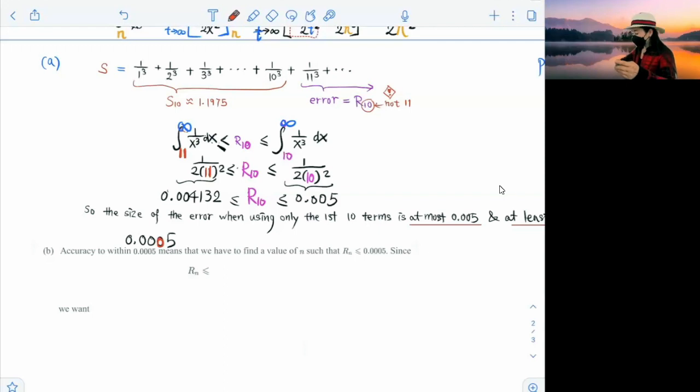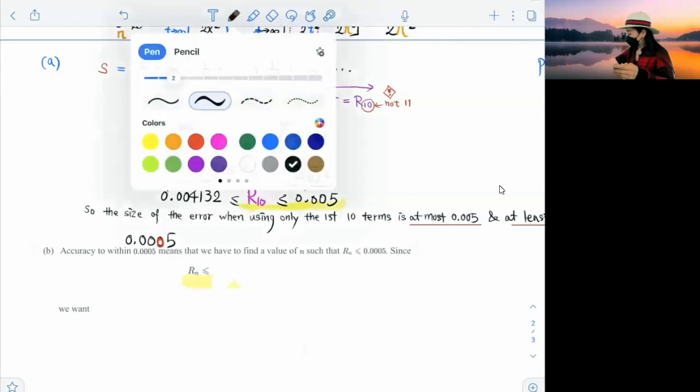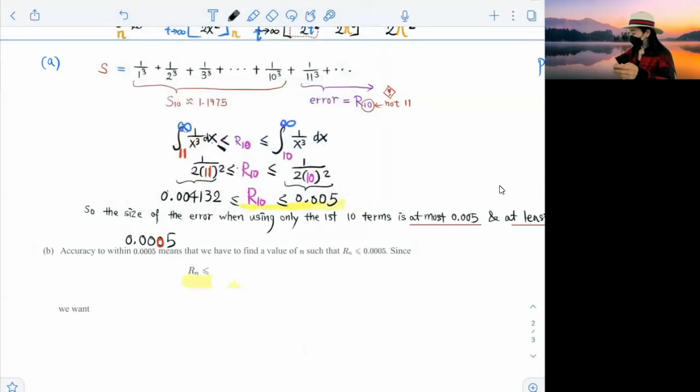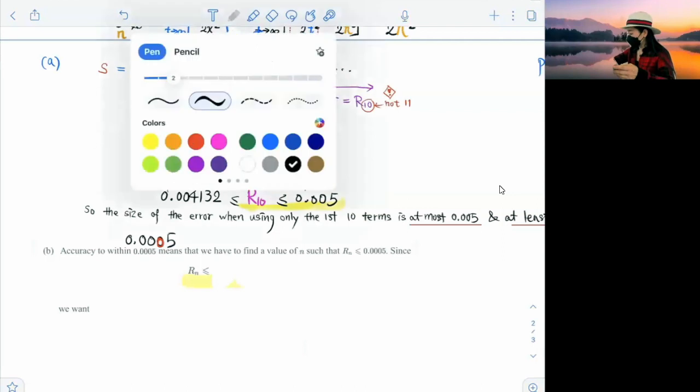So, do you remember the Rn? Basically, we just try to get this part of the inequality right here. So we want Rn to be less than what? Less than the integral. Yes, very good.